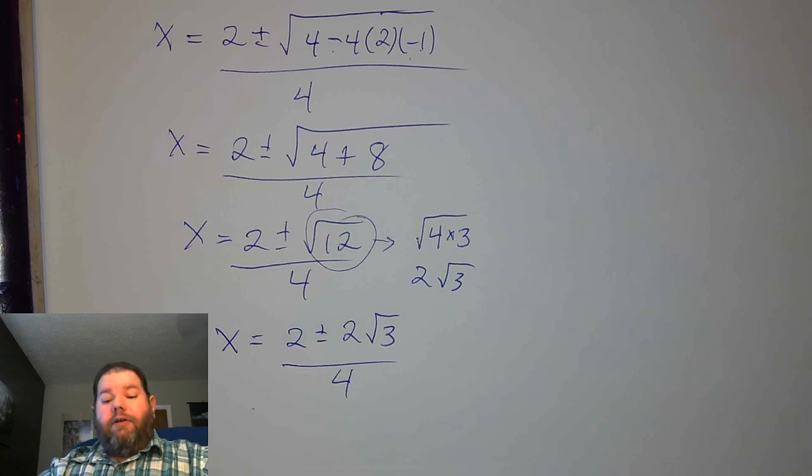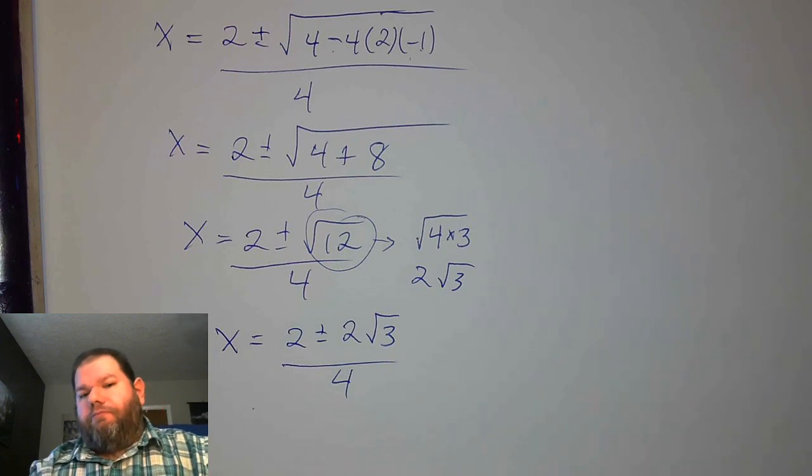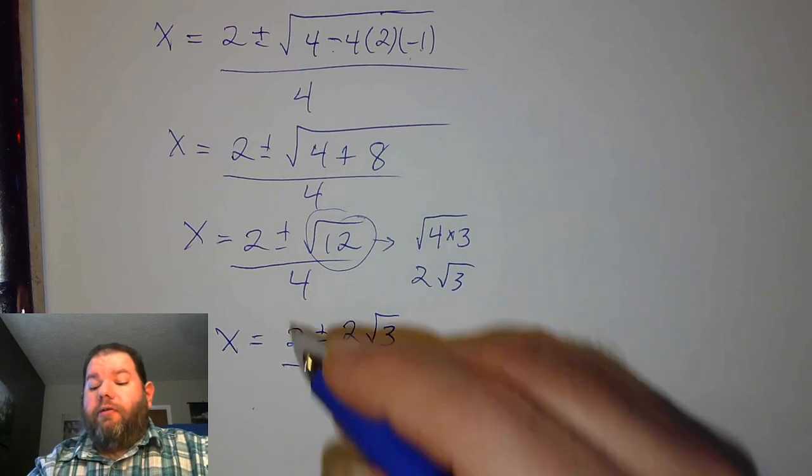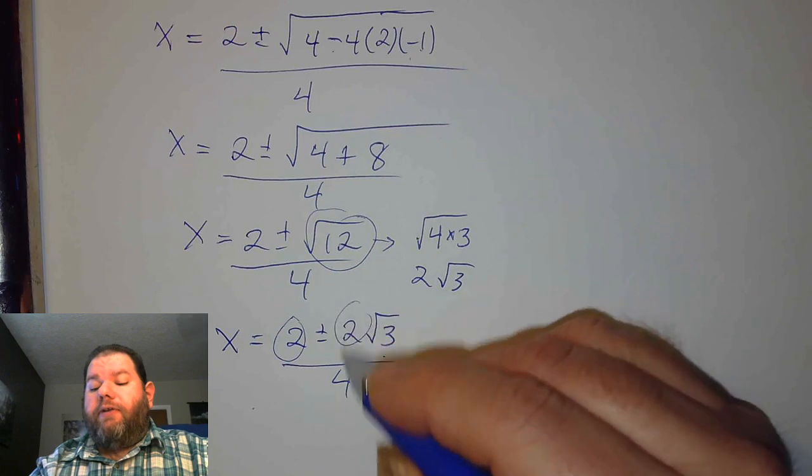The last thing we need to do here is simplify. What can we reduce each of these numbers by? Two, yeah. Now, it feels weird because we have this square root of 3 over here, but we look at the numbers on the outside.